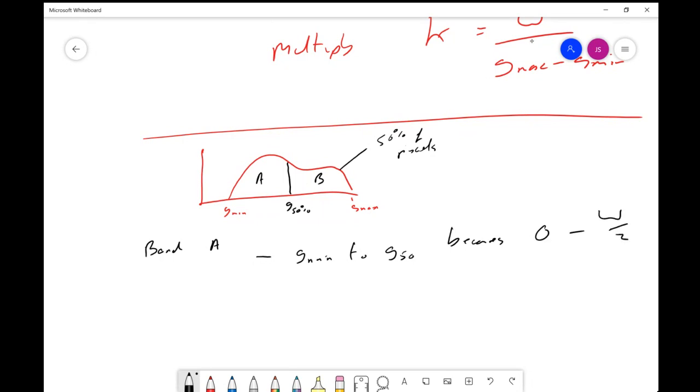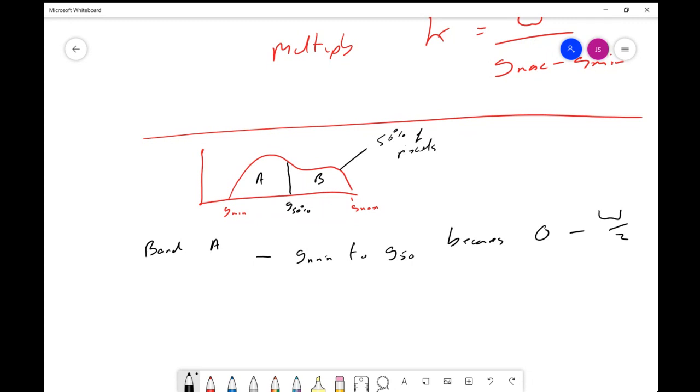So we would shift the bottom band G min to 0. Forget about the band B at the moment. G min to 0 with an intensity shift. That would take G 50% to G 50% minus G min.